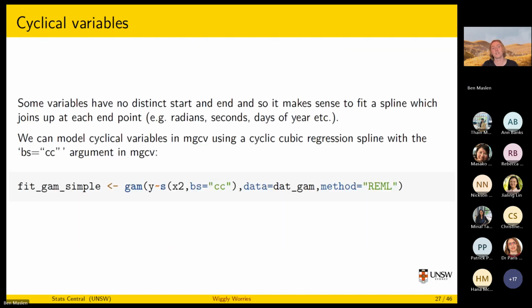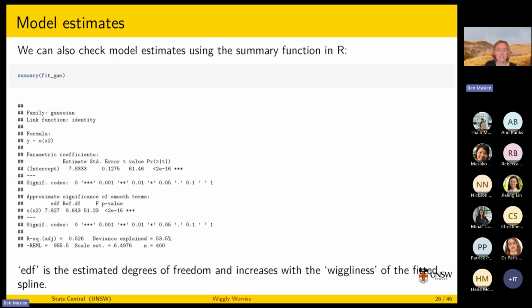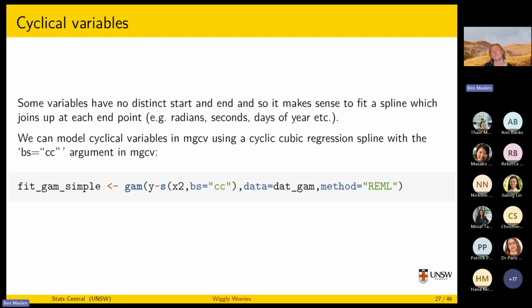Okay. So now we're going to be talking about some extensions to GAMs. Sometimes you want to fit relationships on a predictor variable that doesn't have a clear start and end, like radians on a circle or days of the year, going across lots of years.